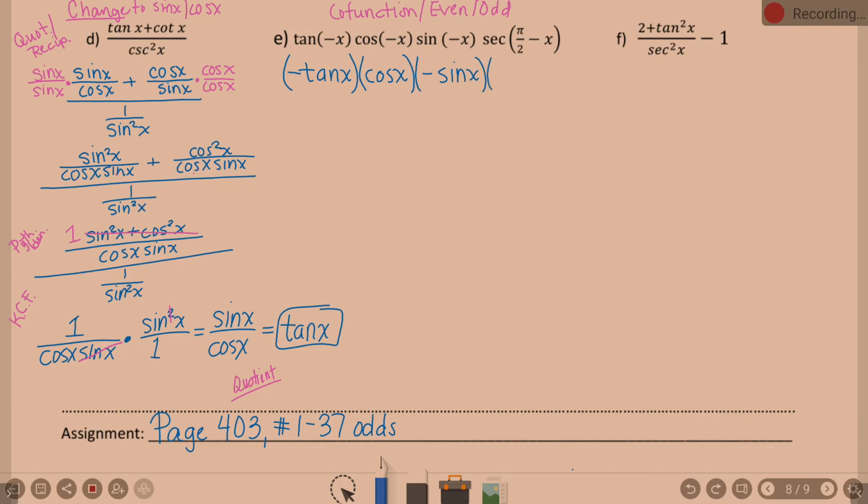According to my co-function identities, secant of pi over 2 minus x becomes cosecant x. Now, the magic isn't quite visible yet. All these bad boys need to change to what? Sine and cosine. Everybody changes to sine and cosine.